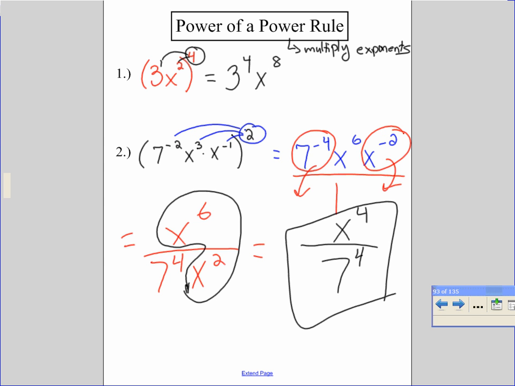Yes, I'm just being consistent. You guys can do it up here if you want. Annalise? Yep, always has to be the same base. Anyone else? That's the final answer.